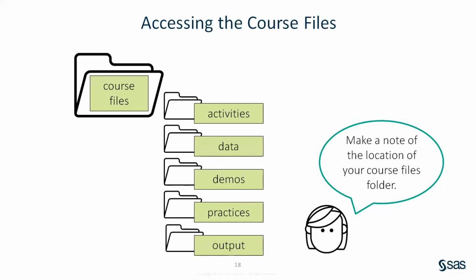Data is where we access our data whenever we write a program for a specific data set or table. Demos is the folder where most of the demonstration code is saved. Practices has exercises where you use certain pre-existing code. And output is the folder where you direct your results.